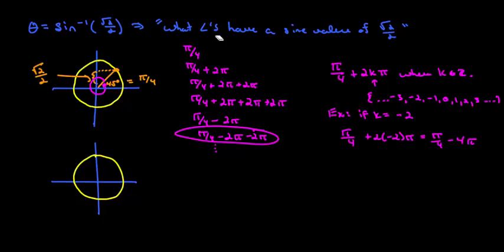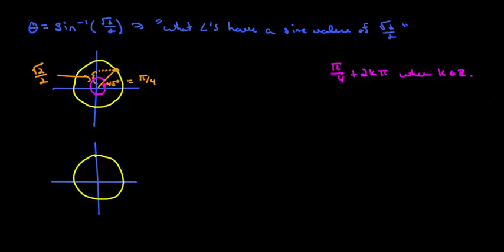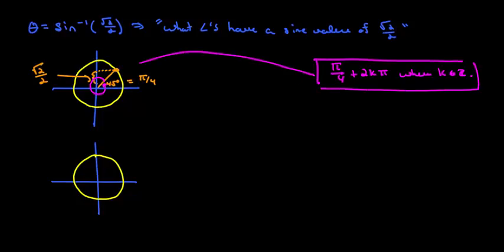So I'm going to erase all this because we don't need this anymore. Okay, so let's get rid of all that. What we do need is just this one little statement over here. So this statement describes all of those angles that are coterminal with pi over 4. Now there's another angle out there that also has a sine value of square root of 2 over 2.